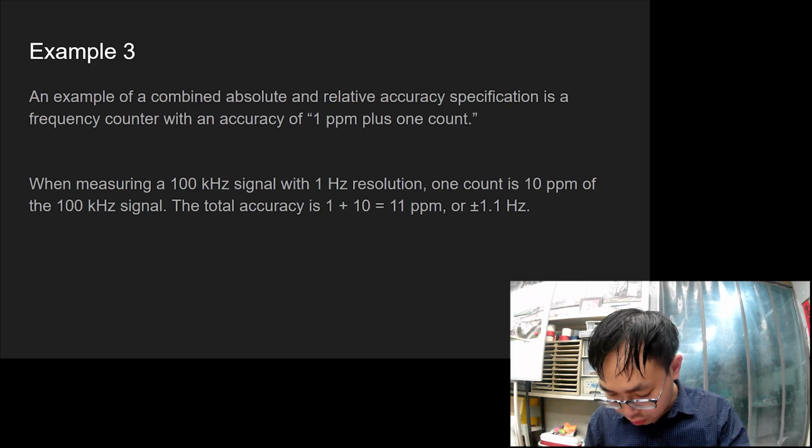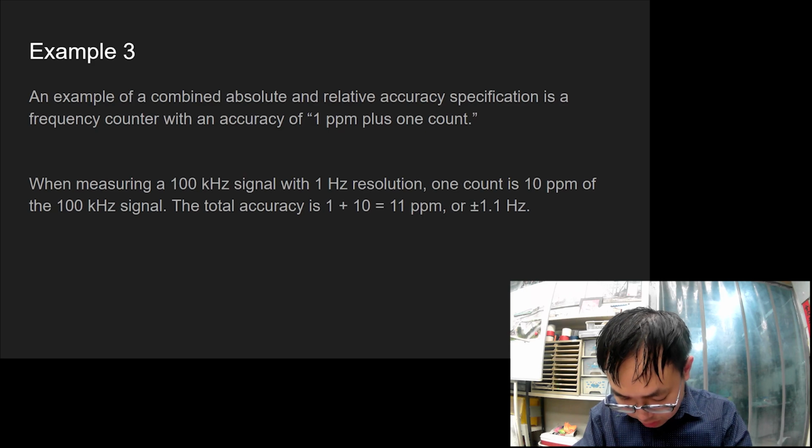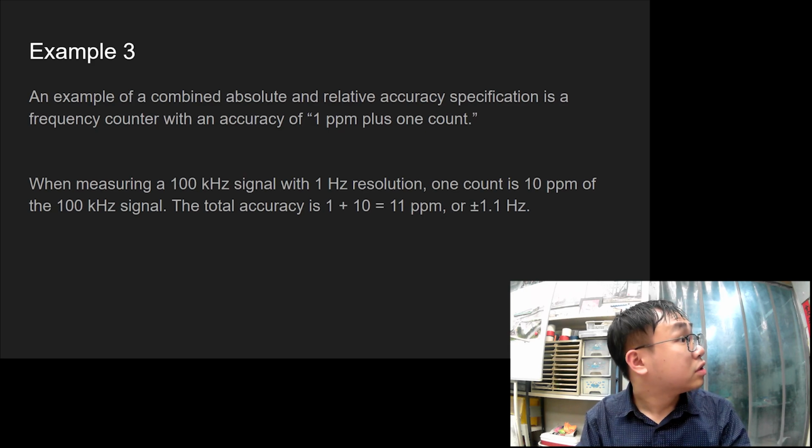Am I doing the calculation wrong? Let me see. I think I calculated wrongly. Kilo is 1000.